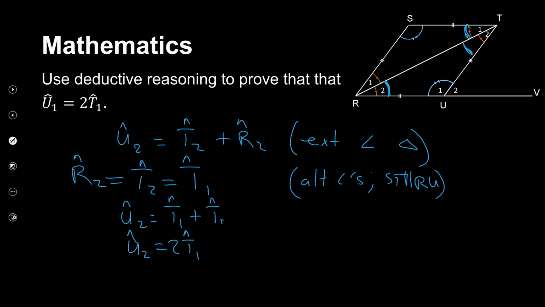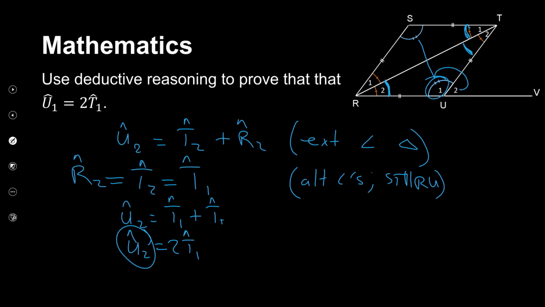Then I want to relate this to U1, because I'm only talking about U2 so far. If I want to relate it to U1, there's what we call an exterior angle of a cyclic quad, which will be equal to that angle that I have there.